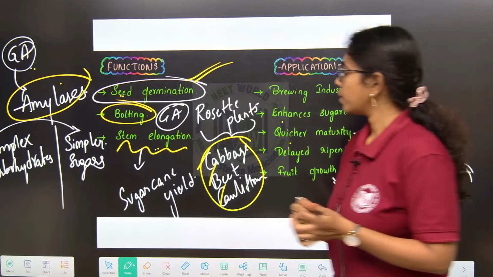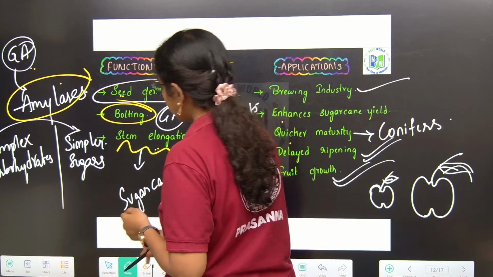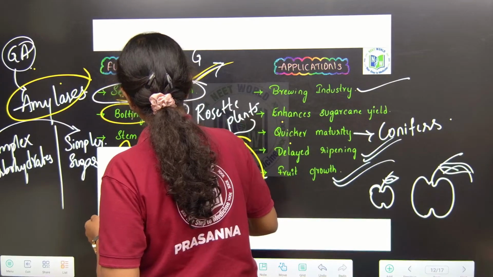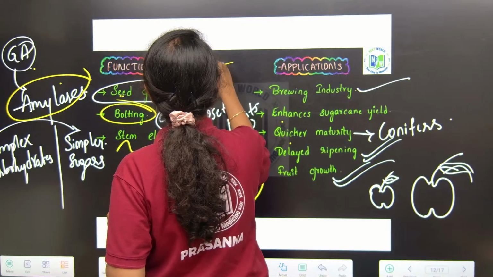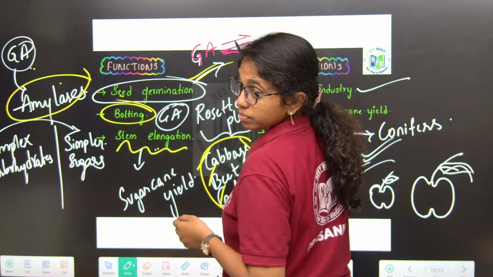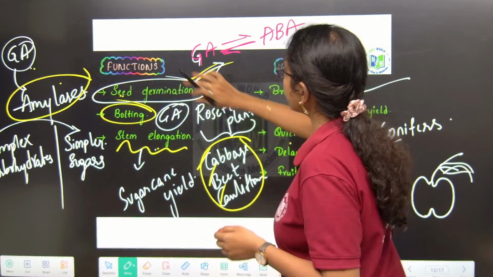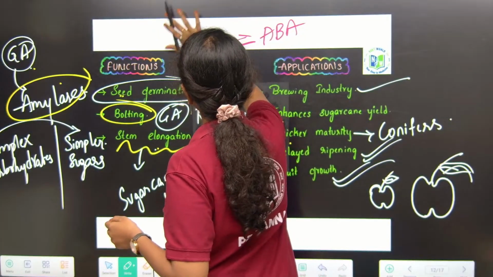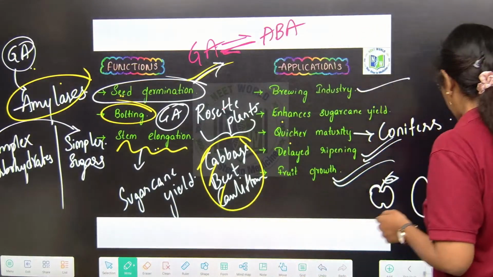Understood? With respect to seed germination, gibberellic acid is antagonistic to abscisic acid. This requires one revision after class, it will be easy for you.